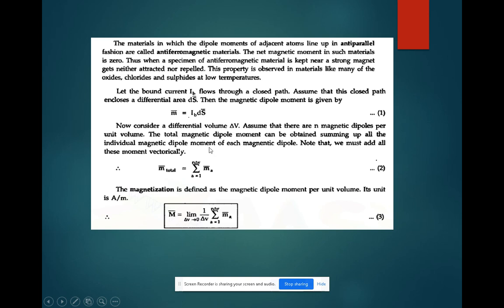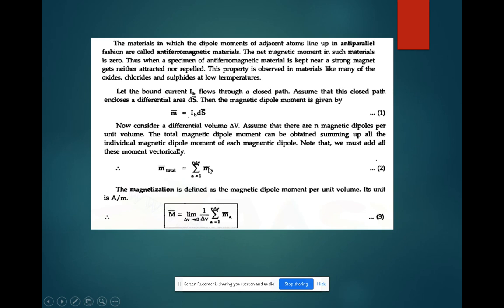Now we use this dipole moment in a differential volume delta v. The total magnetic dipole moment is obtained by summing all the individual magnetic dipole moments, represented by m vector total equal to the summation from i equal to 1 to n over delta v.